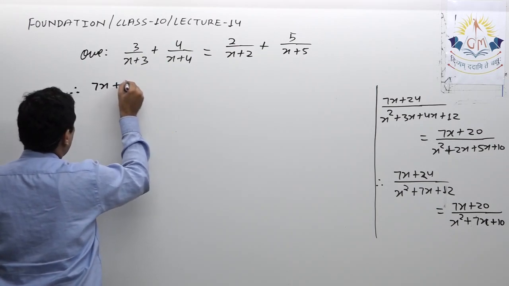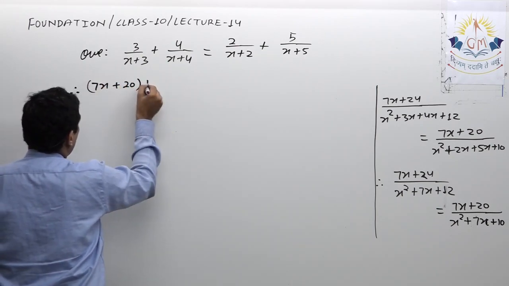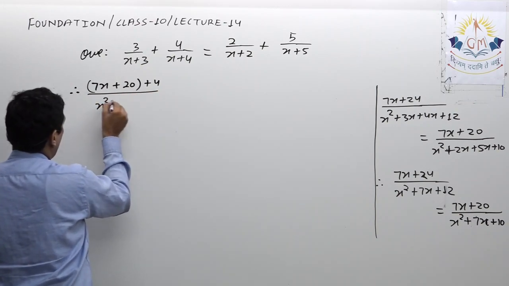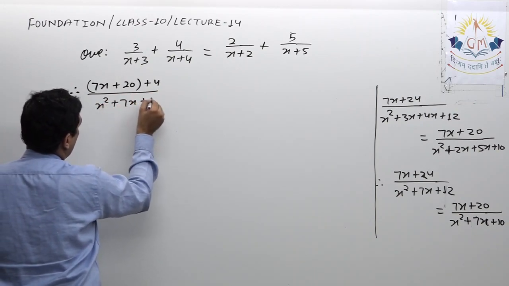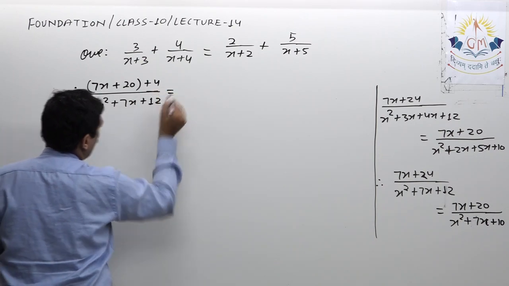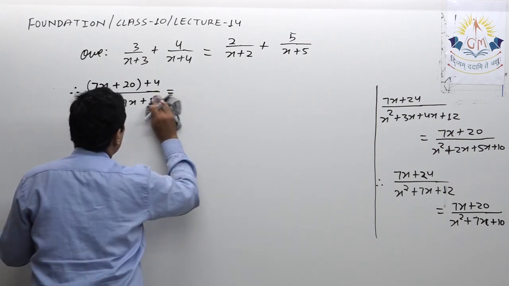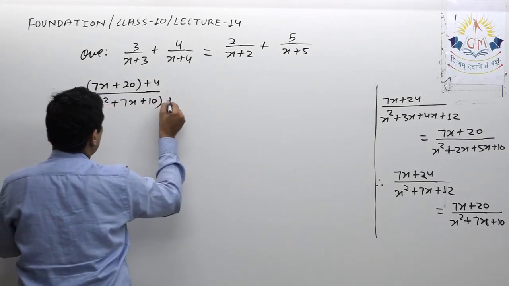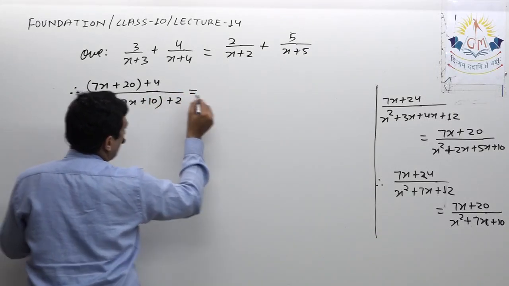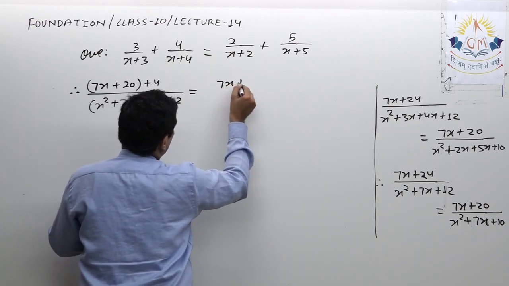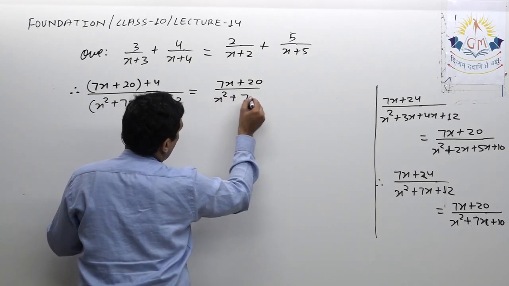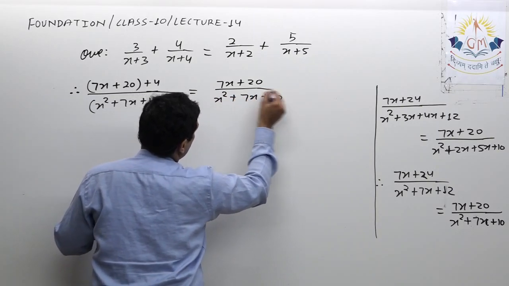So I'm writing it as 7x plus 20 plus 4 divided by x square plus 7x plus 12, which is equal to, or better to write 12 as 10 plus 2, 7x plus 20 upon x square plus 7x plus 10.